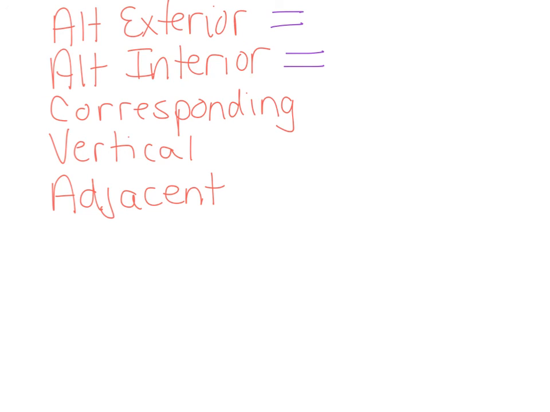Corresponding angles are in the same position from top to bottom, and they are equal to each other. Vertical angles are opposite of one another. We found they are equal to each other. The only set of angles that are not equal to each other are adjacent angles. Because they are side by side, they are supplementary, and together their sum equals 180 degrees.